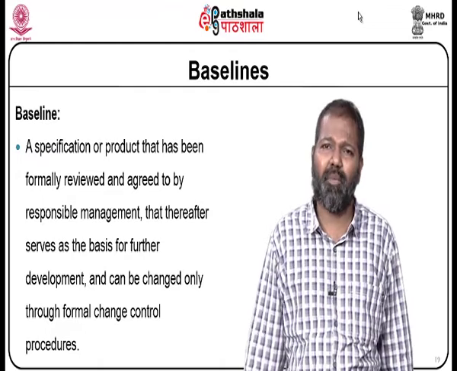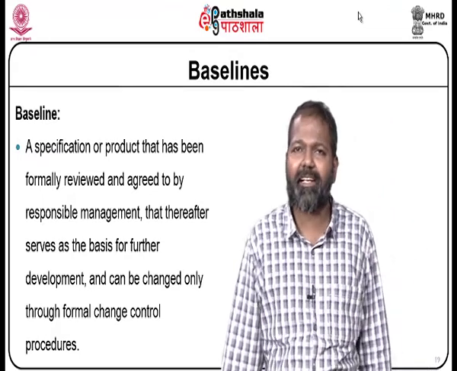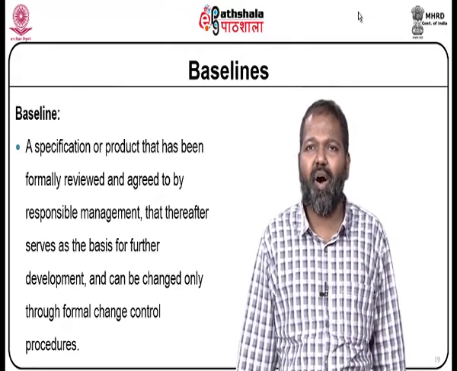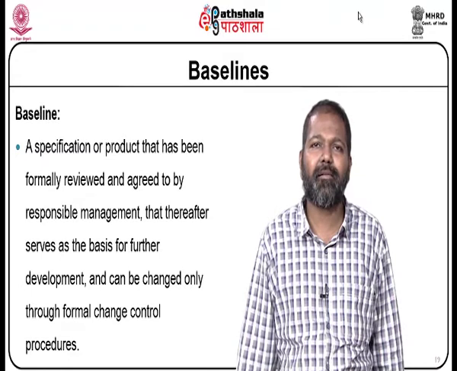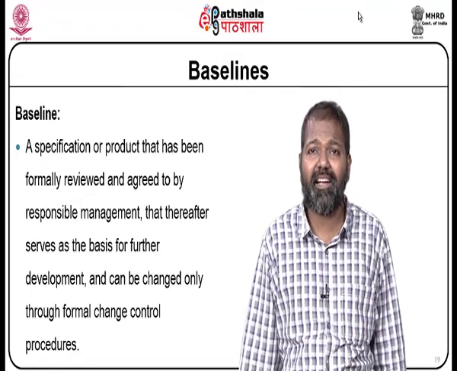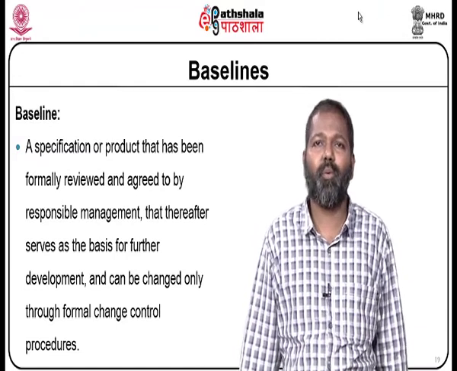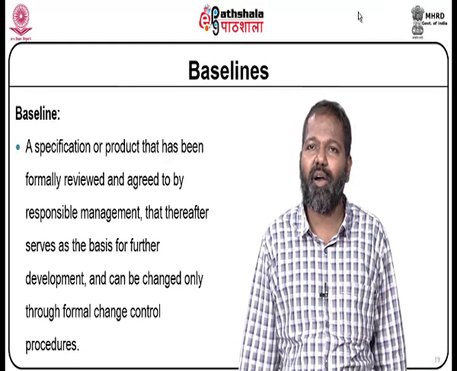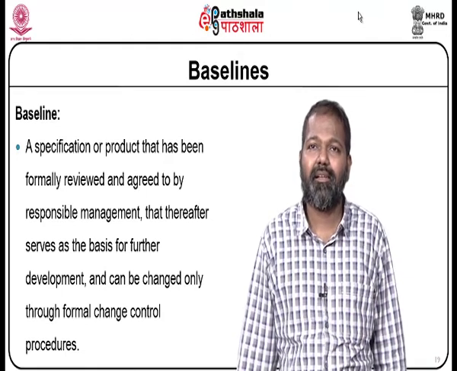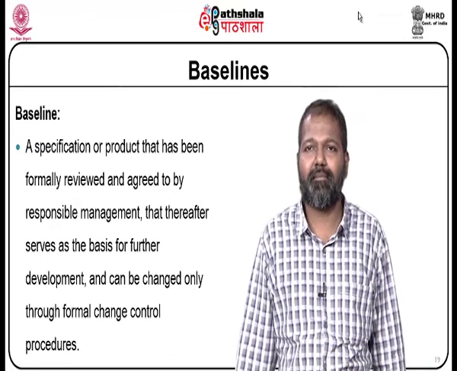As a simple example, consider architectural design. Architectural design is complete. Once the architectural design is complete, in practice the design will be presented to a team of architects who are experts in the area of system design.